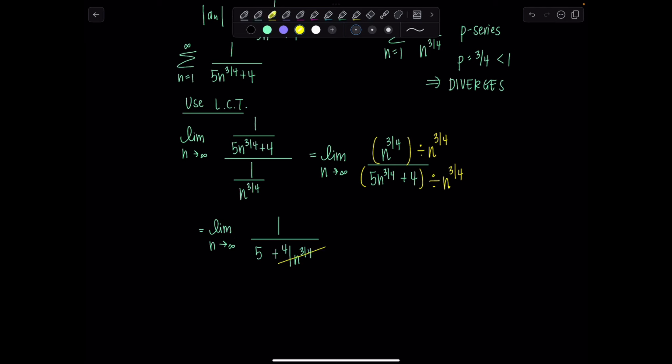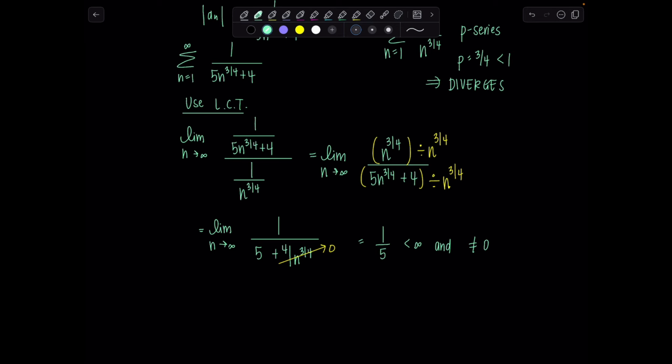I know this is going to go to 0, so my limit is 1/5. What do I care about in the limit when we do the limit comparison test? I care about two things: that it's finite and not 0. I don't care about the value, if it's 100 or 1/5 or whatever. I just care that it's finite and not 0.